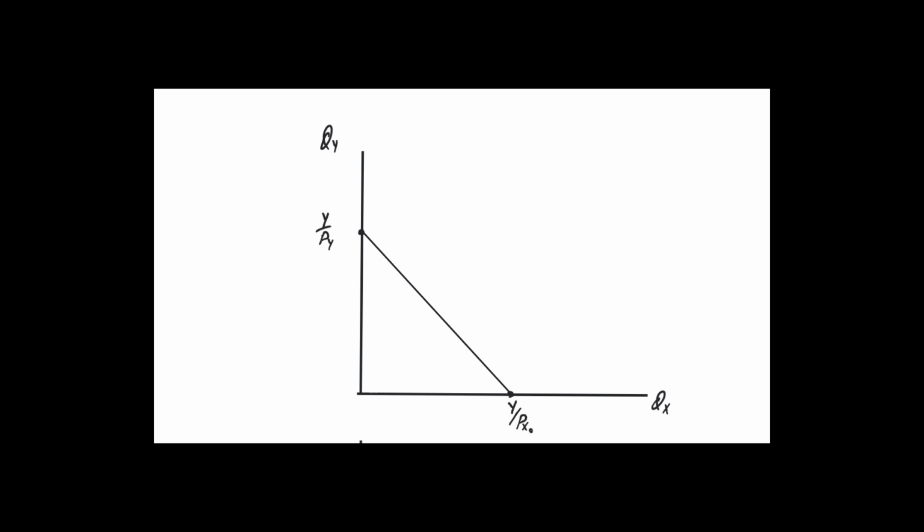So I'll work with the first diagram, the indifference curve diagram. You have quantity of X over here and you have quantity of Y over here. You have a budget line, and how did these extreme points of the budget line come about? Income divided by price of Y, and income divided by price of X, whatever the price of X is.